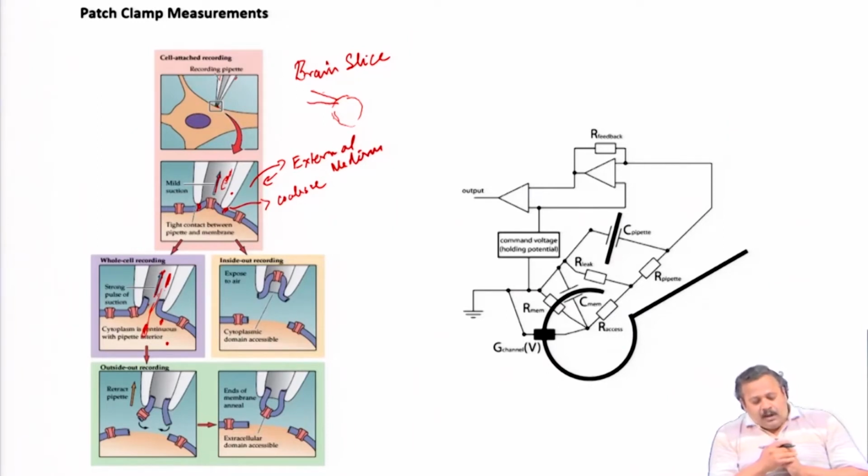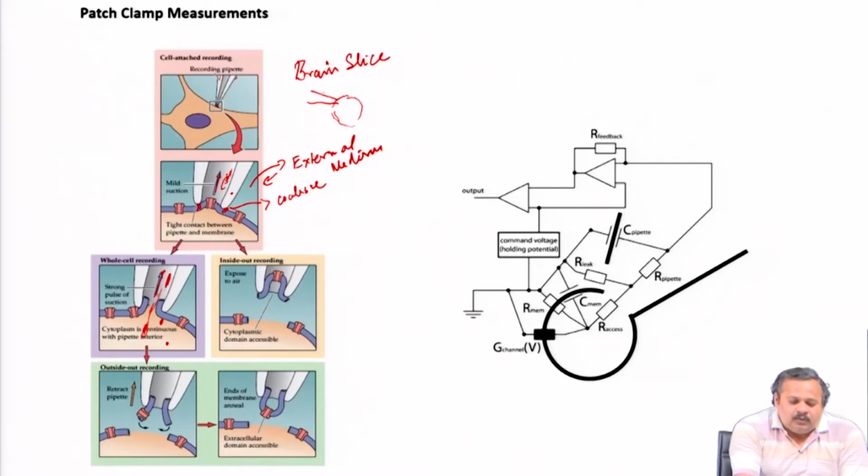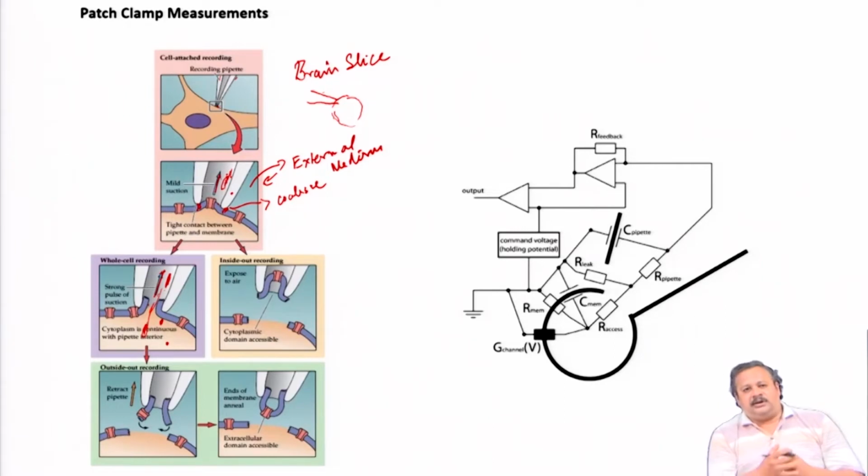When we are breaking in, we want the inside of the electrode to be exactly as the inside of the cell. If we are not breaking in, we want the outside region to be just like the external medium, so we fill up the electrode with the external solution. As you can remember, the ion concentrations, particularly for sodium and potassium that we have discussed, have to be exactly opposite, whether the solution is inside or external.